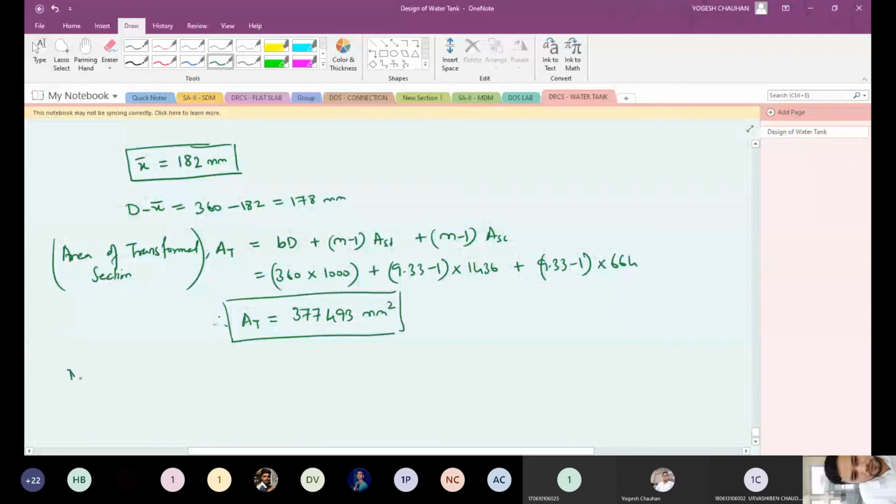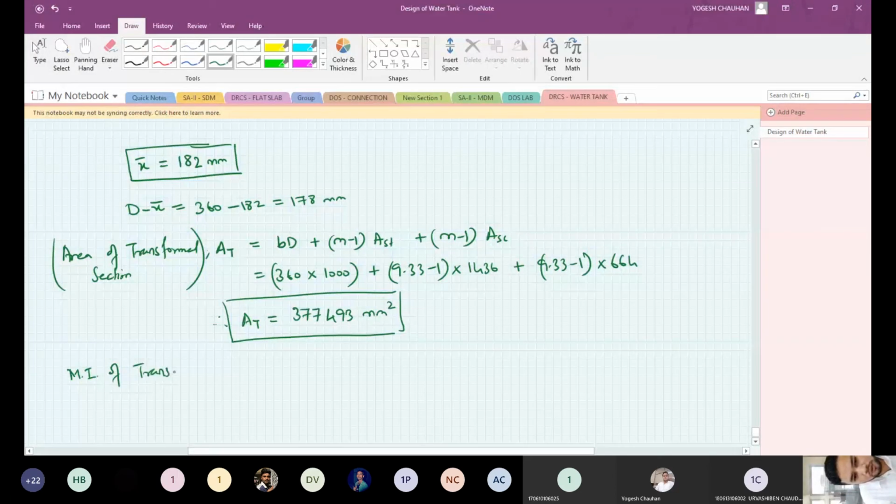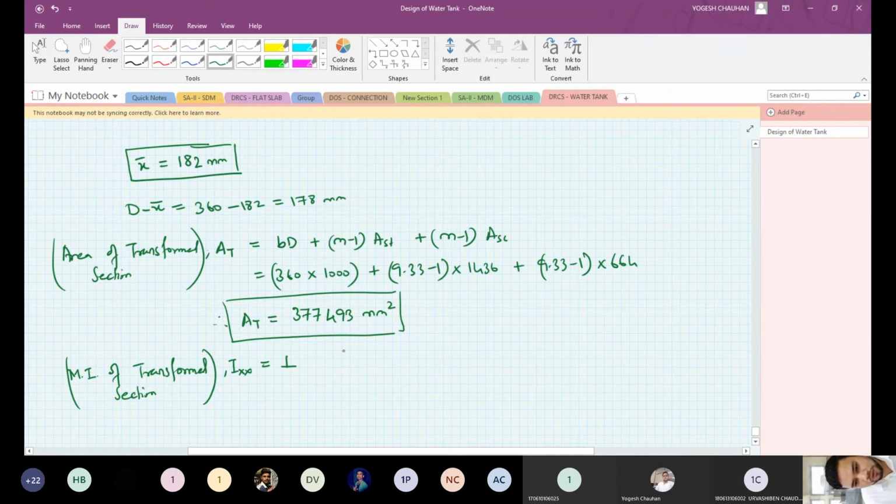So moment of inertia of transformed section, that is Ixx, is equal to, first the concrete part, so it will be 1 by 3 BD cube.